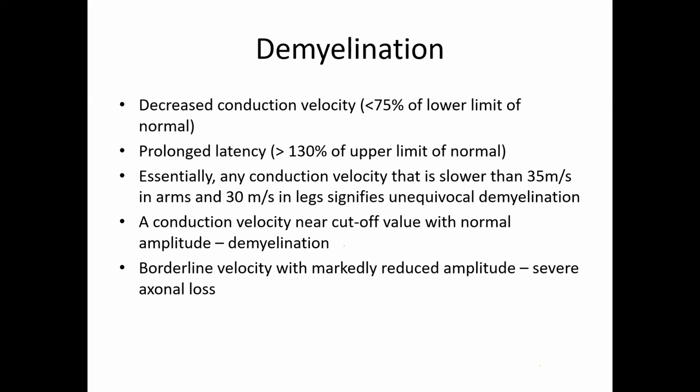But my issue is, suppose a patient has had diabetes for a long period of time, and on the nerve conduction study there is some latency prolongation, the amplitude is also very low, and conduction velocities are around 30. What are you going to report this as?